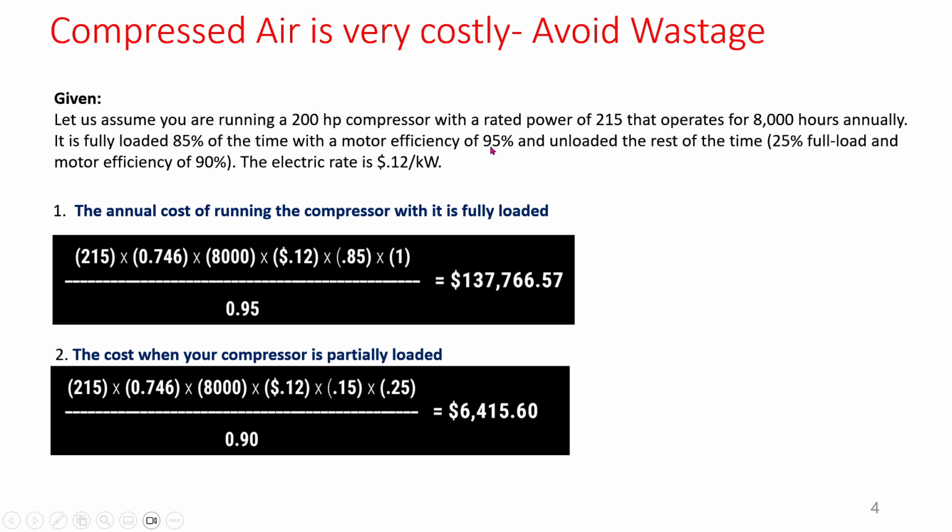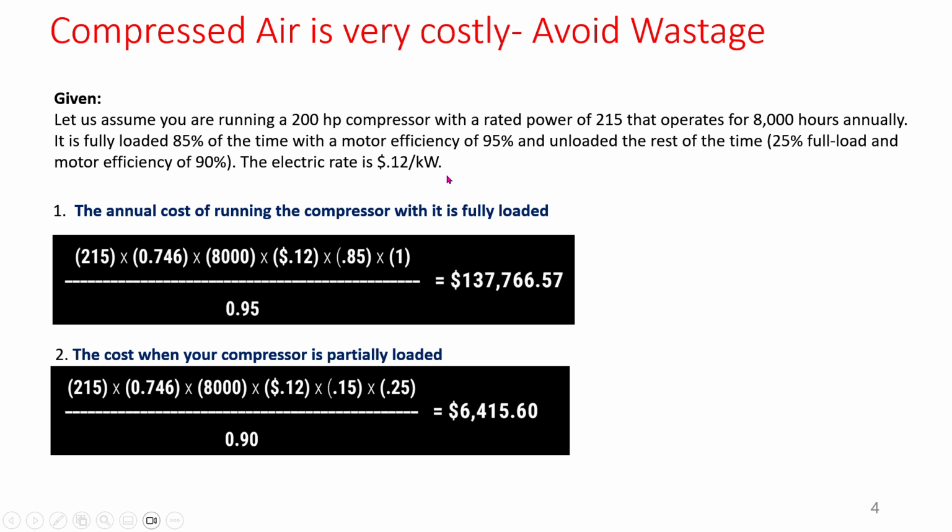The other time it will be loaded only 25% of the full load, and the motor efficiency will naturally be less, 90%. The electric cost is now 0.12 dollar per kilowatt hour.